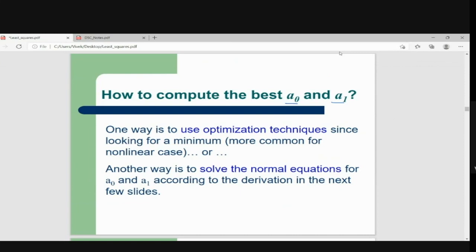We have already seen in calculus that to find the optimized value, meaning a maximum or minimum, we take the derivative, put it equal to 0 to find the critical points, and then use the second derivative to find out whether we have a maximum or minimum. We can do the same things here. This is used to find the normal equation. Another way is to solve the normal equation for a0 and a1 according to the derivation.